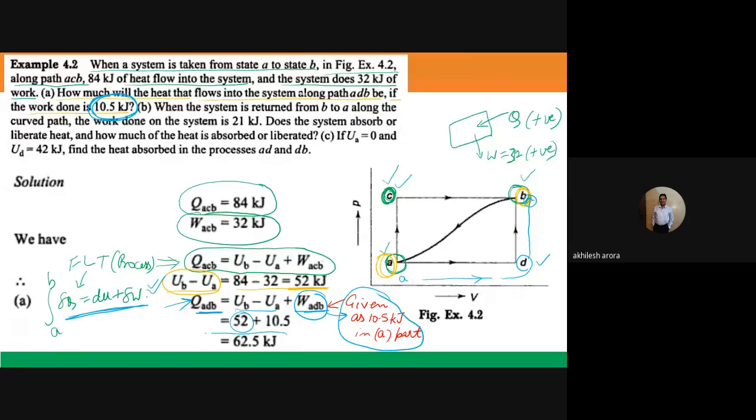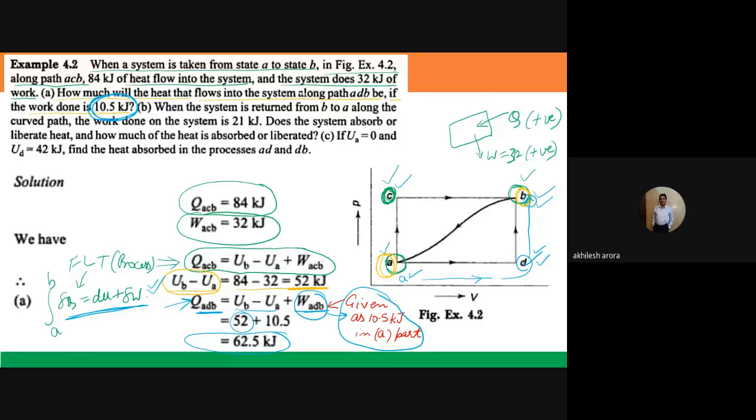So heat transfer comes out to be 62.5 for this process, which is taking place from A to D to B. So we have calculated part A, and we know now that the heat transfer during the process ADB is equal to 62.5 kilojoules.